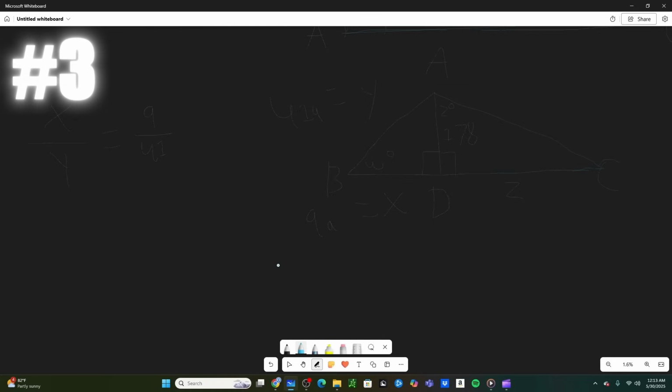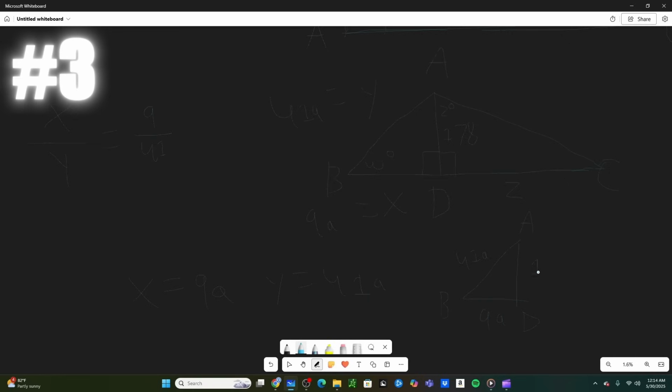So we can set, if x is equal to 9a, for example, that means that y is going to be equal to 41a, right? So then, if we're just looking at this left triangle here, we have A to B to D. Well, we know that x down here is 9a. We know that y over here is 41a.